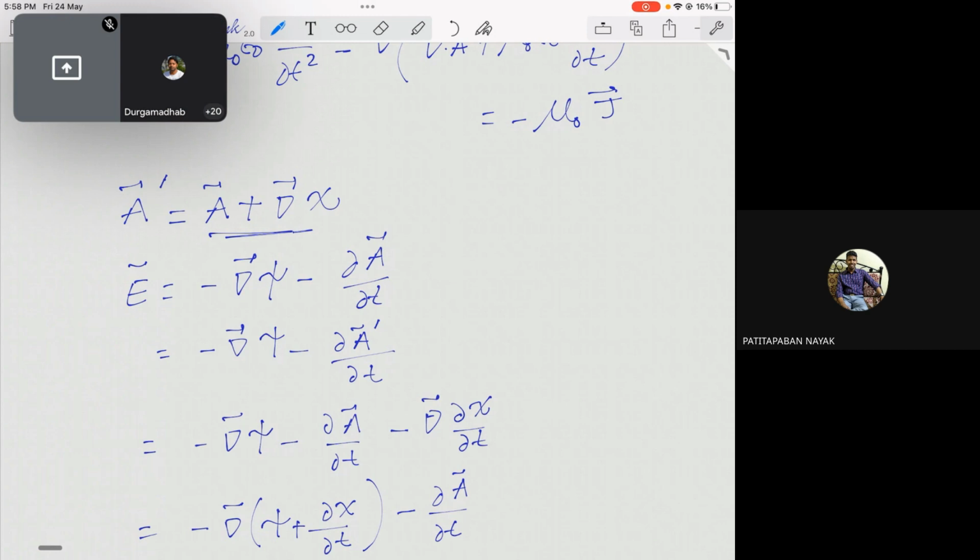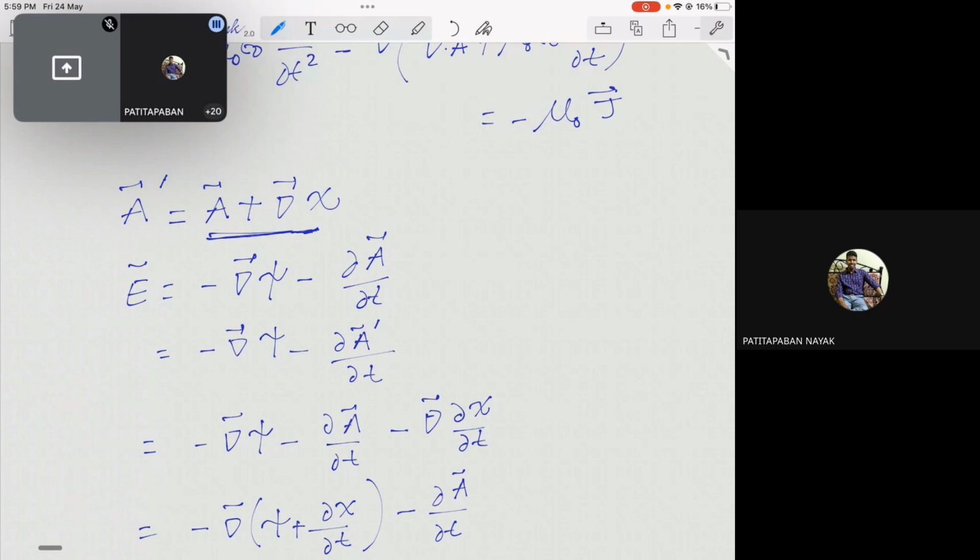Sir, when we change A dash, A vector plus, the magnetic potential. Not magnetic. So A prime, or A dash, is equal to A plus a gradient of a scalar. A dash is basically the vector potential. Yes, the magnetic vector potential.